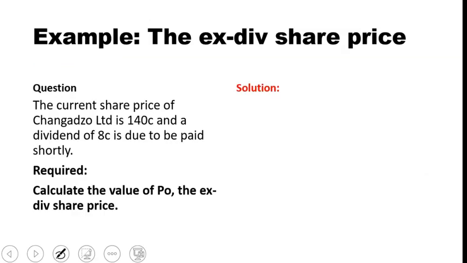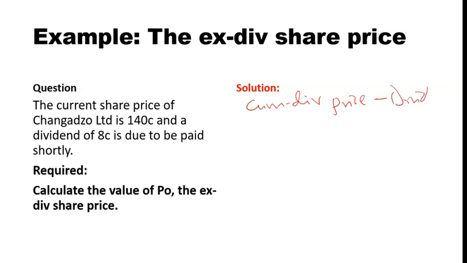Okay, let's have a go at this one. The current share price of Changazo Limited is 140 cents and a dividend of 8 cents is due to be paid shortly. Calculate the value of P0, the ex-div share price. So obviously we say that cum-div share price minus dividend gives us the ex-div price.